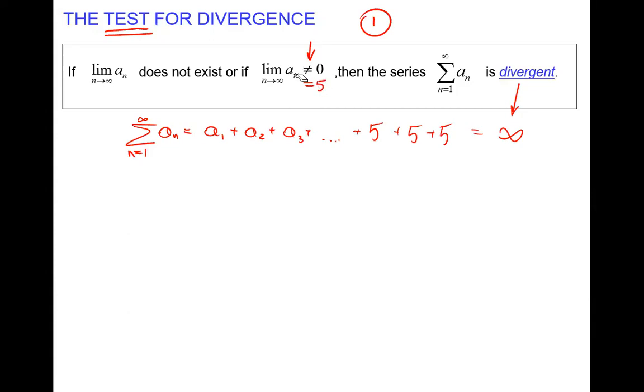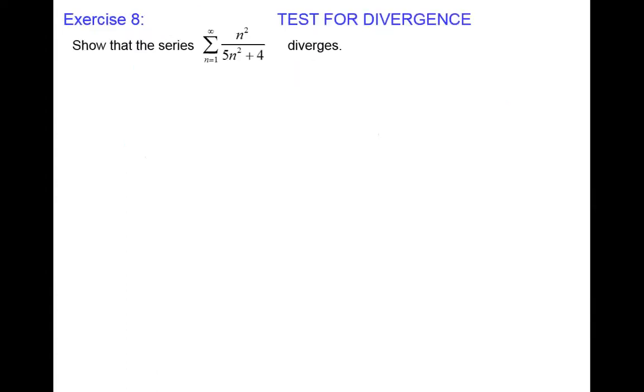We have to look for different tests. At the moment, we don't know them. We just know the first one. So please remember, if the limit is 0, we know nothing. If the limit is different than 0, or even completely undefined, divergence right away. Okay, that's the test for divergence.